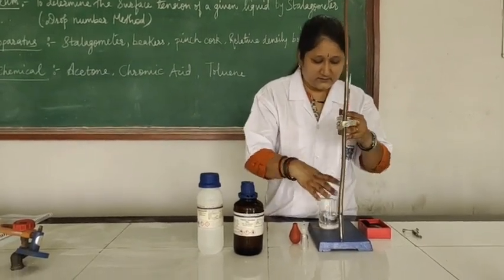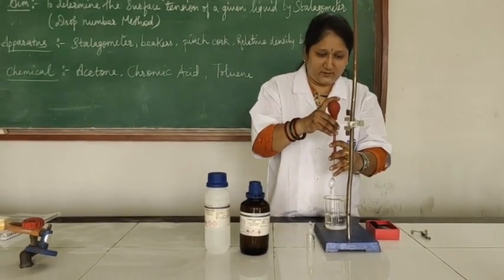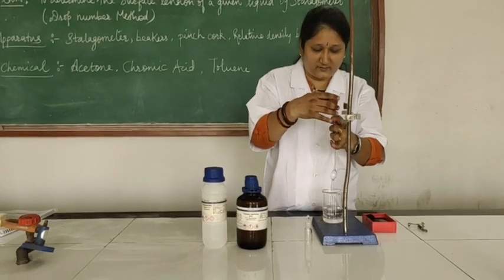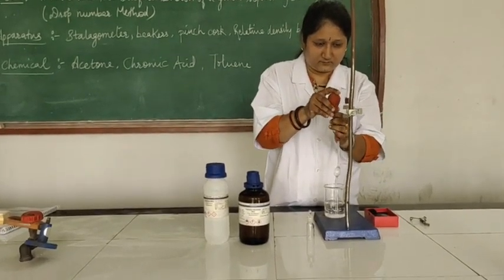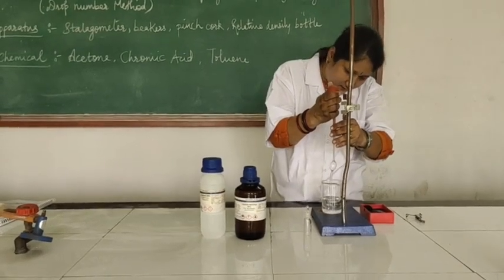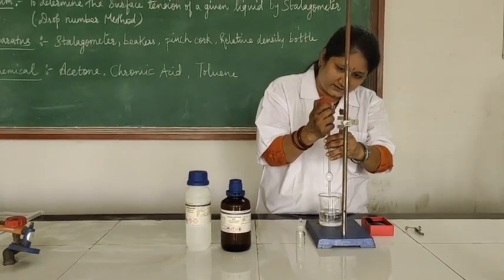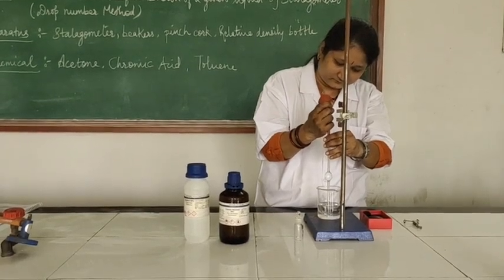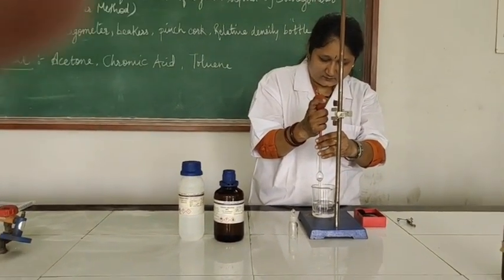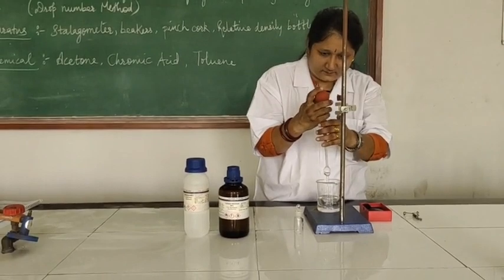First we have to insert this in the liquid. The standard liquid we are taking first is water. With the help of the rubber bulb, press the rubber bulb and suck the liquid above the mark A. So you can see here the liquid is coming up.